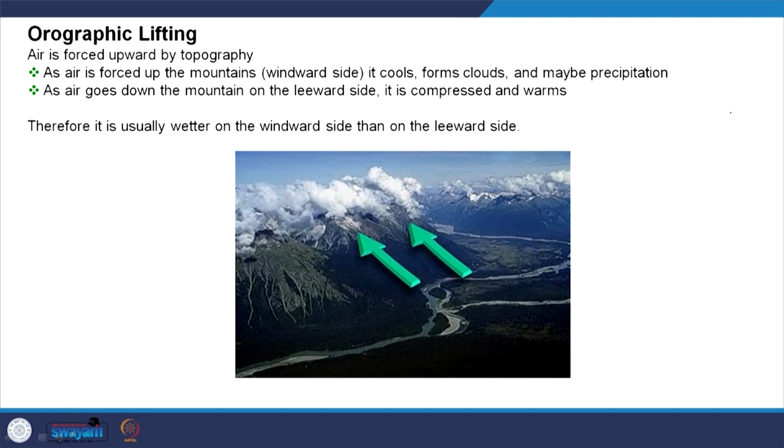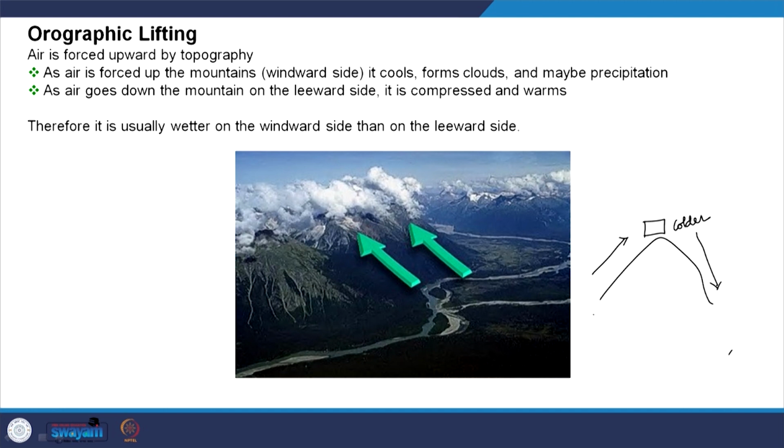Now, when the air reaches the top of this topographically elevated height, the air has to follow the topography and go down again. Here the air is kind of colder, and anything which is cool has more tendency to occupy lower altitude, so it should come down.